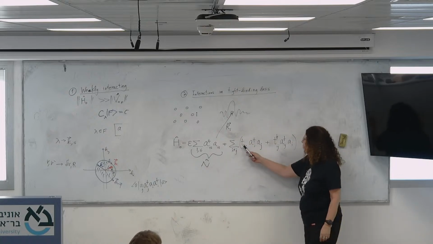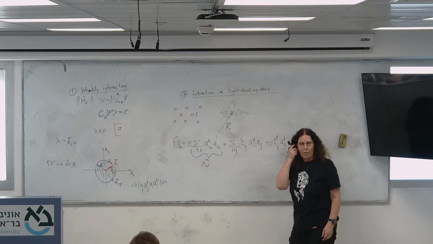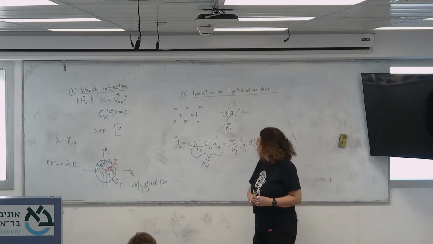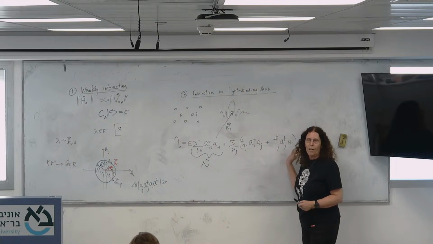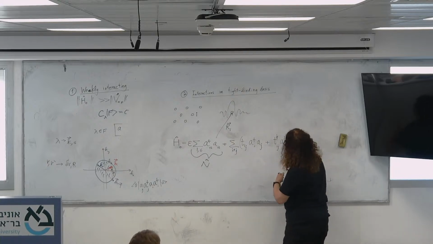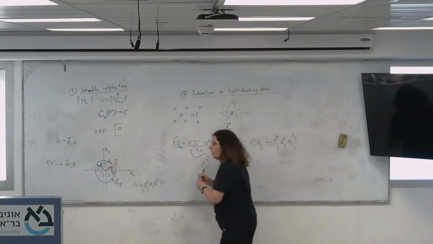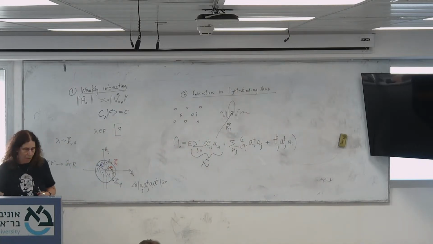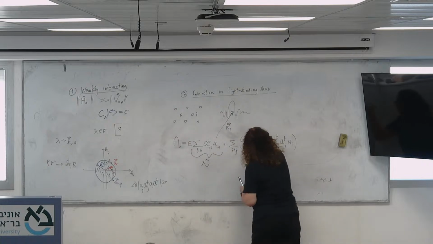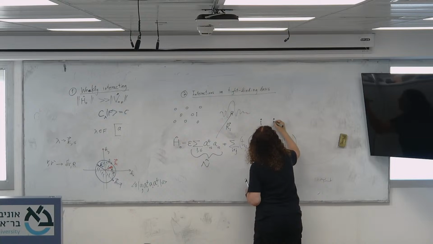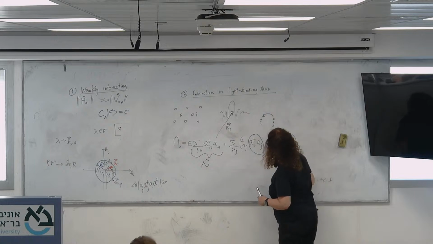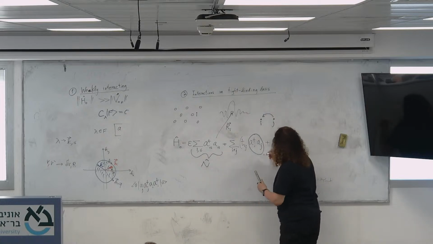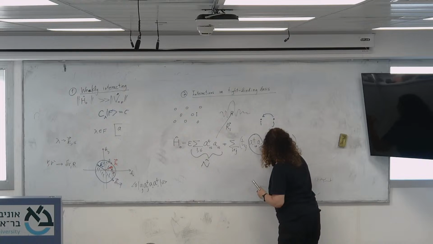What does it describe? T i j's are called hopping coefficients. Why? Because they describe hopping from site j to i or vice versa. Pictorially, for this operator, I have a site i and a site j. They are like two atoms. And this describes a process whereby, sorry, I forgot the sigma.